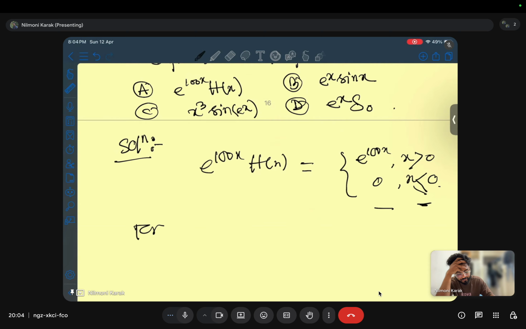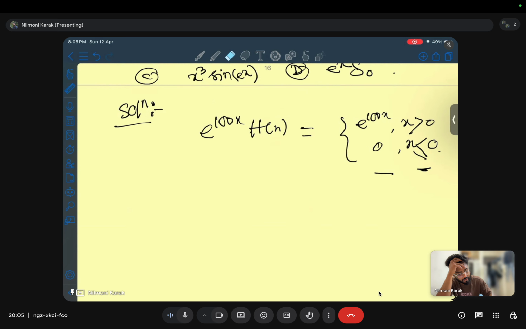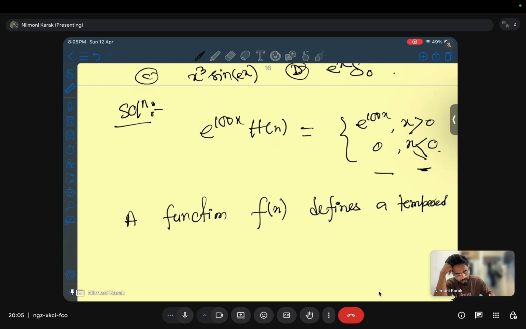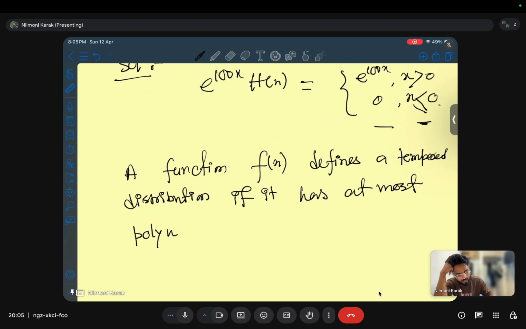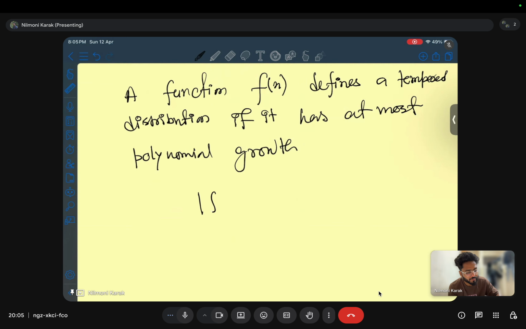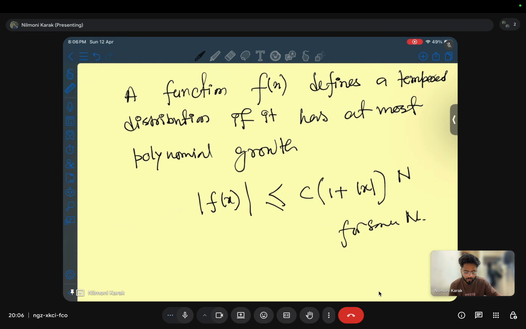So for one definition, a function f(x) defines a tempered distribution if it has at most polynomial growth for some n.